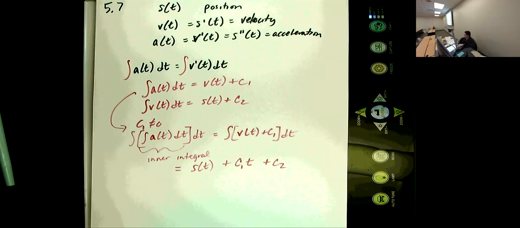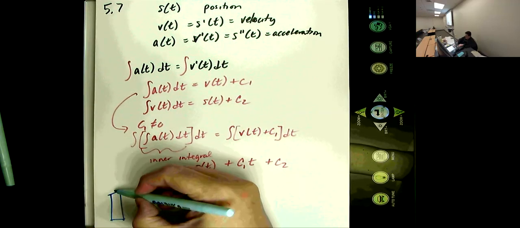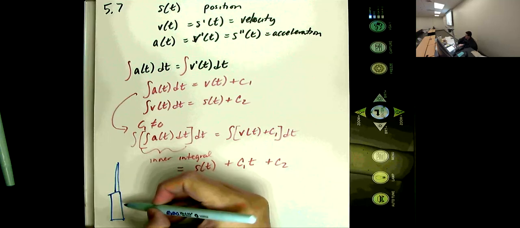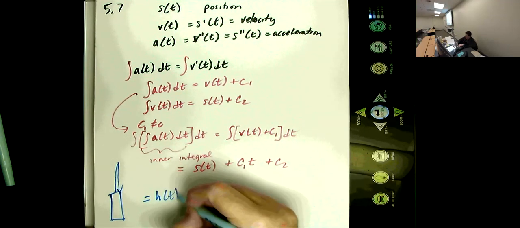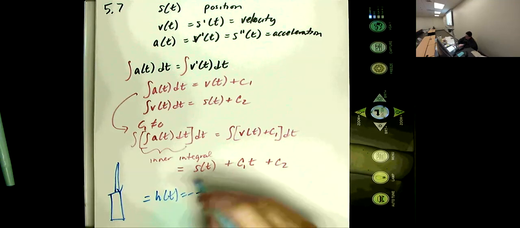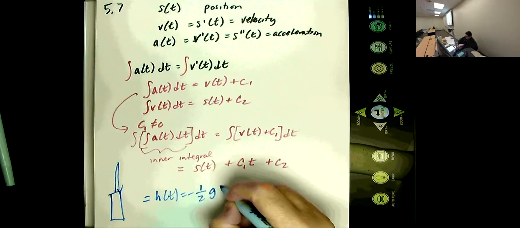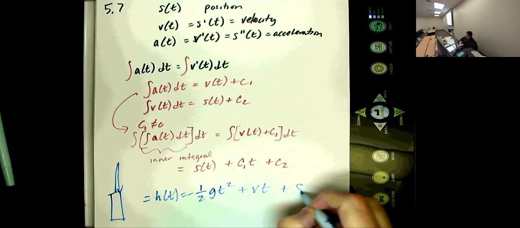When we did the rectilinear motion in the first place, we talked about something going up and then down, like a ball going up and down. And the height function would have -1/2 g t squared plus v t plus s.